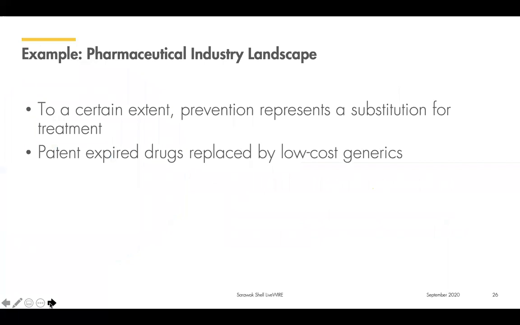That means people who are eating healthier, doing exercises, and maintaining good mental health, these are substitutes to treatments, right? So they are actually a threat to the healthcare industry. Sounds very evil, huh? But I think the market is as such. Patent-expired drugs are replaced by low-cost generics. So these are also substitutes and alternatives.